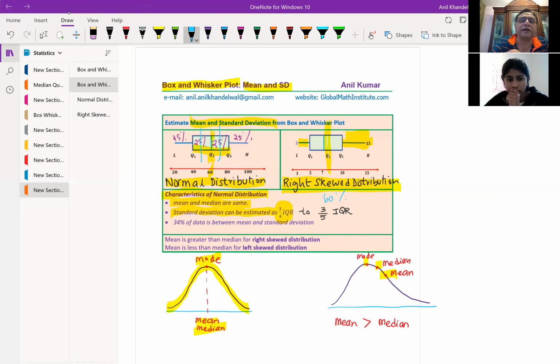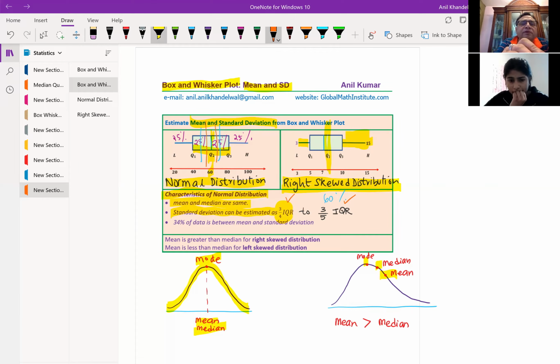It is closer, so we will estimate that to be three-fifths of the interquartile range. So it is somewhere between these two values. So to estimate, even from a normal distribution, we can use these values, right? We'll see how we are going to use it in this particular example.